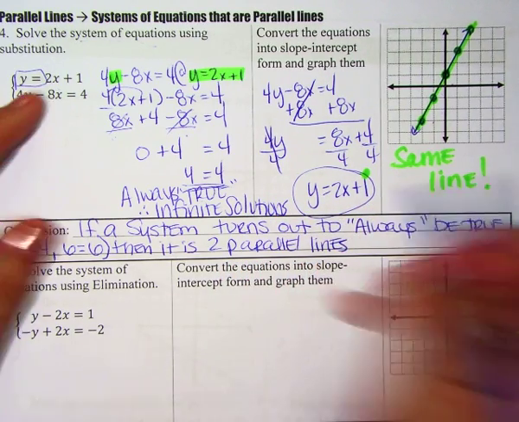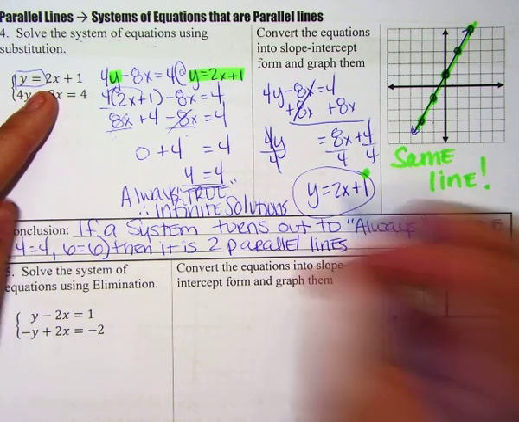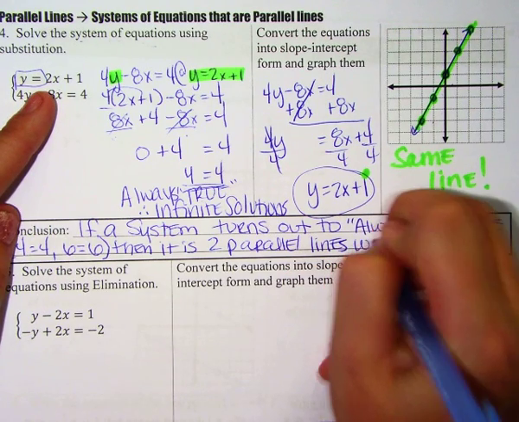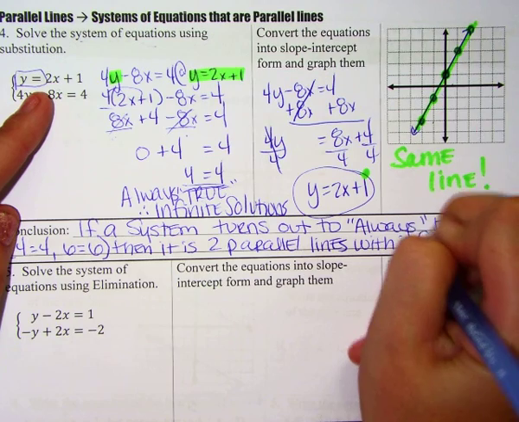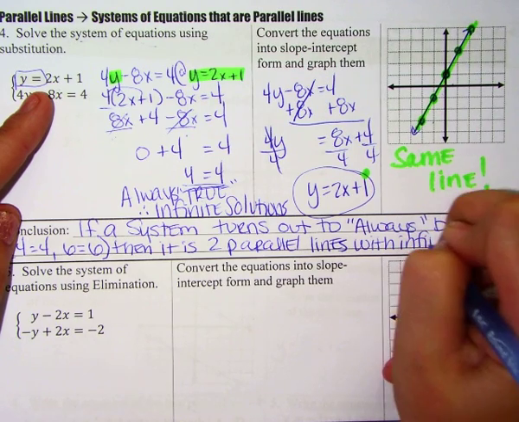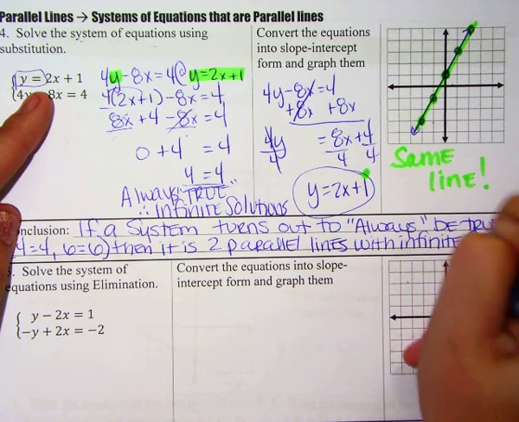Again, it's 2 parallel lines because they have the same slope with infinite solutions.